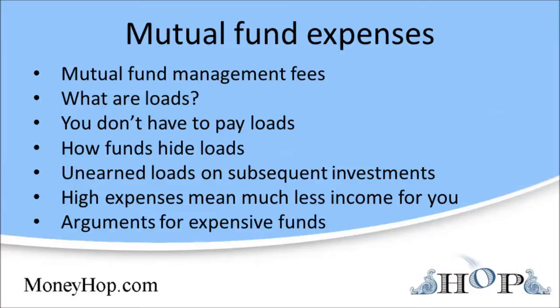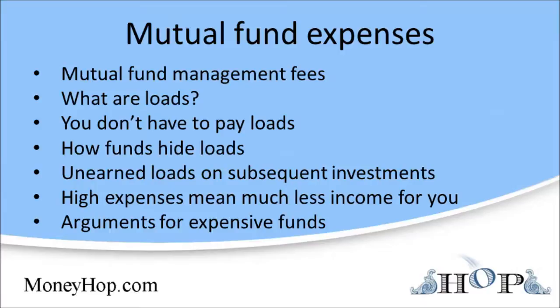The difference between the classes is the loads and ongoing management fees assessed to each class. For example, A-class shares may have a front-end load of 5%. B-class shares may have a back-end load of 4%. C-class shares may have no load but much higher ongoing management fees.